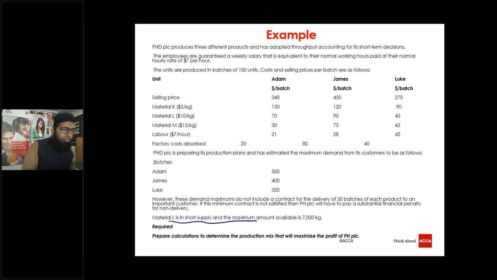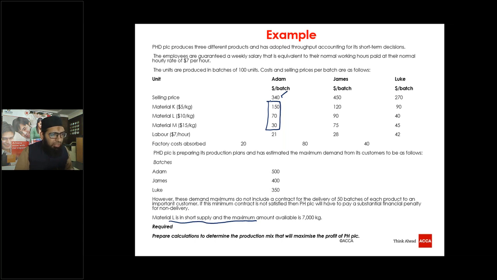Now for that, we calculate the throughput per unit first. Throughput per unit will be the selling price minus the material cost, and all three types of material will be subtracted.